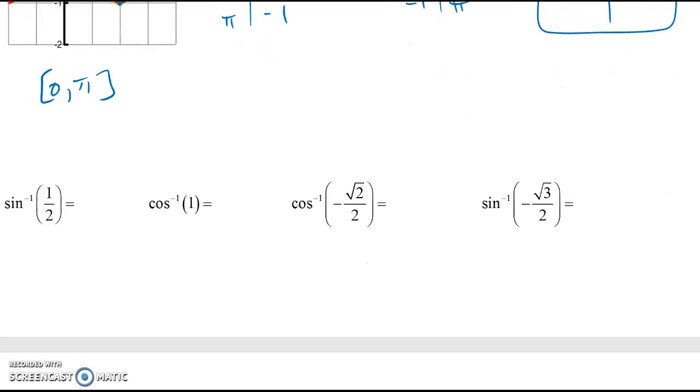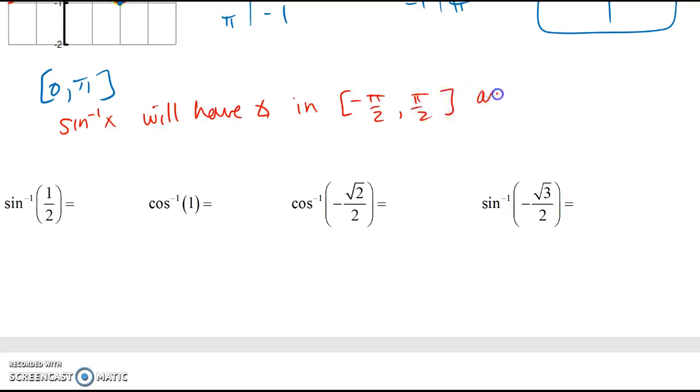So if we look at these given problems here, a sine inverse of x will have an angle in the values of -pi halves to pi halves as its answer, and a cosine inverse of x will have an angle in 0 to pi as its answer. So basically what this is doing is it's restricting our domain so there's only one possible answer.